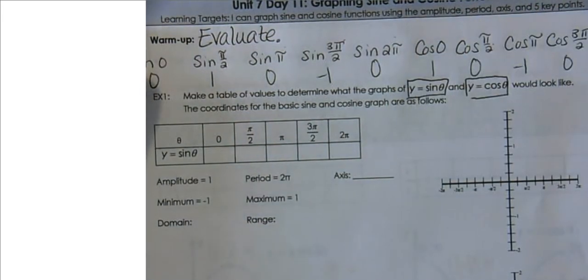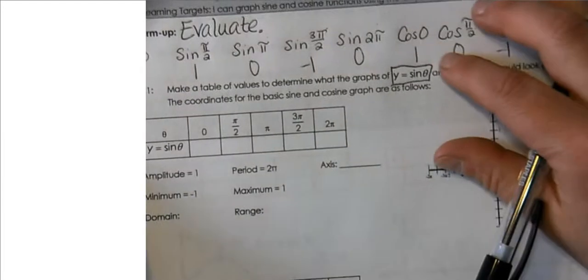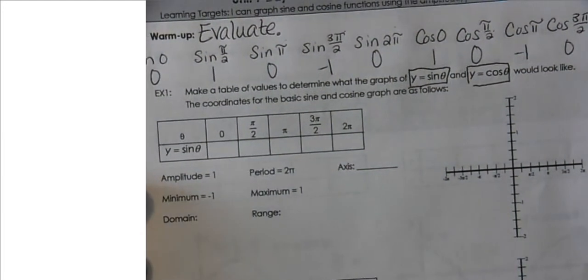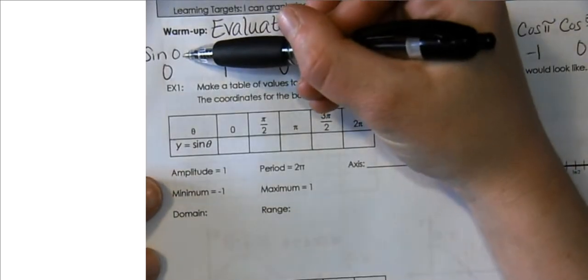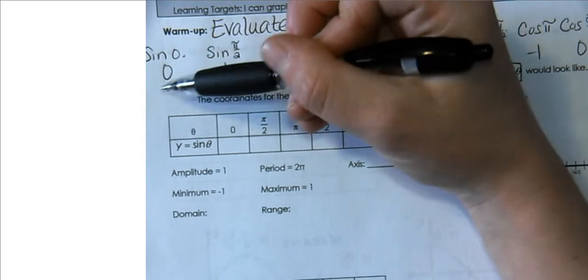So if you think about it, theta is our angle that we are referring to. It's our input. So we are inputting an angle like sine of 0. And then we get an output, which is a y value, and we got 0.